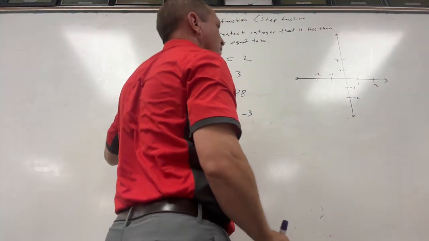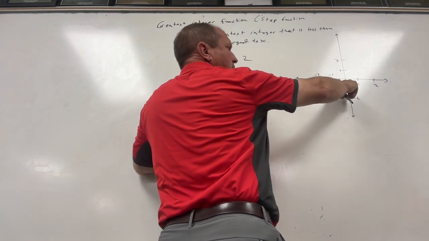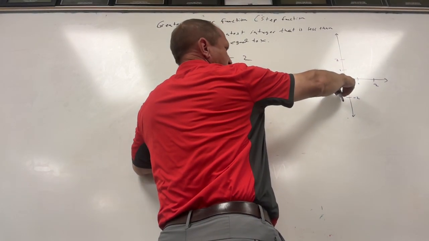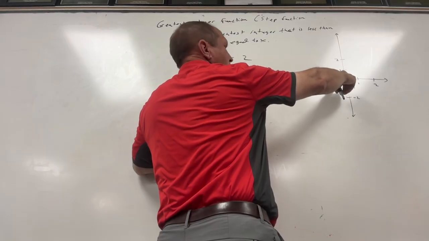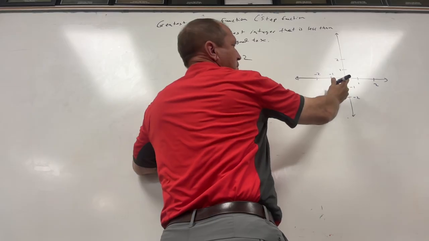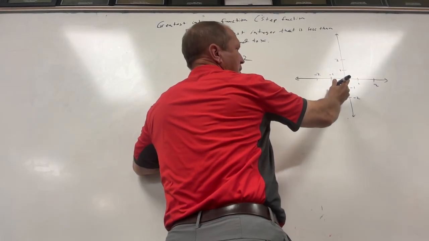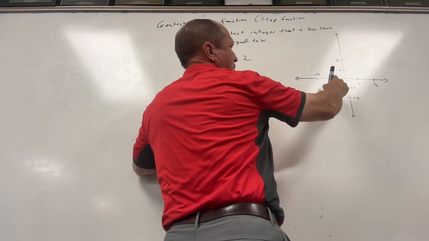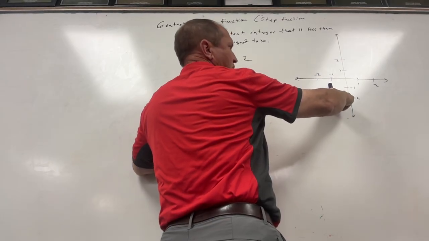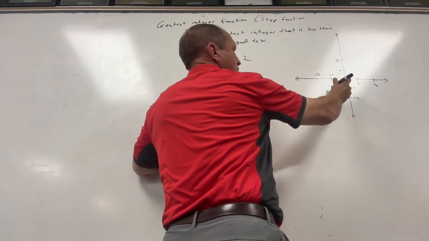Think about negative 1/2. What's the greatest integer that's less than or equal to negative 1/2? Negative 1, right? So we're here. The greatest integer that's less than or equal to negative 1 is also negative 1, so it comes up to here.